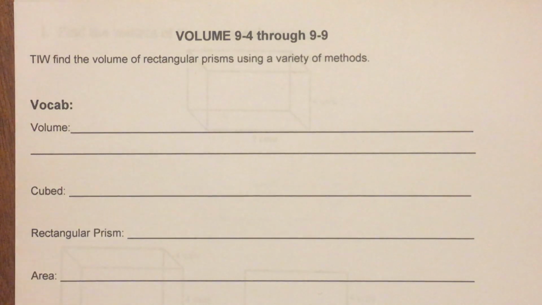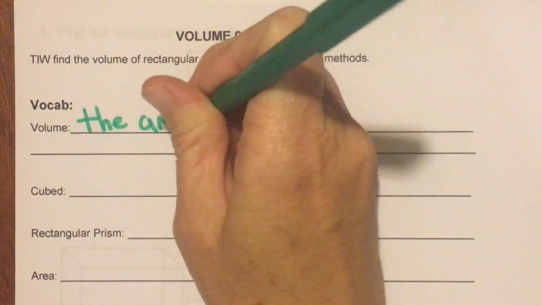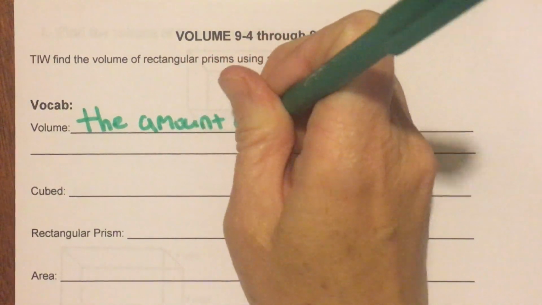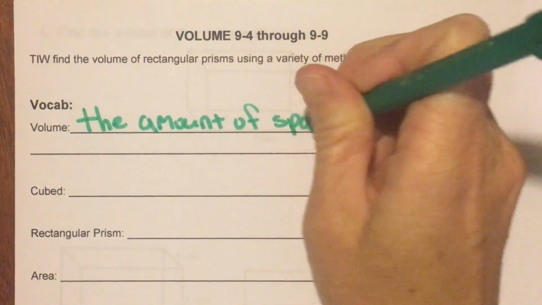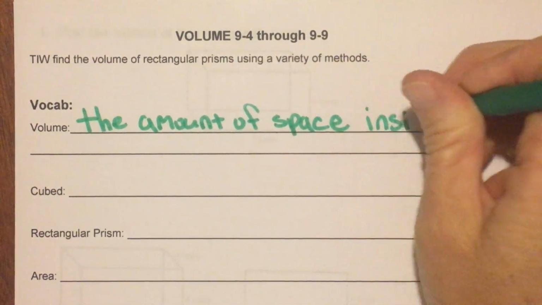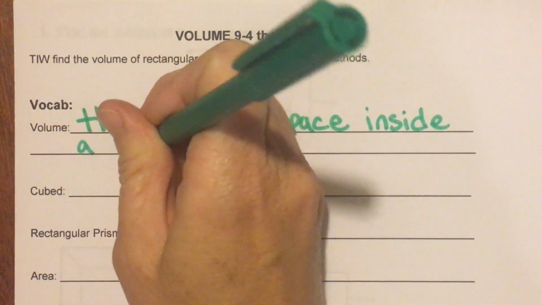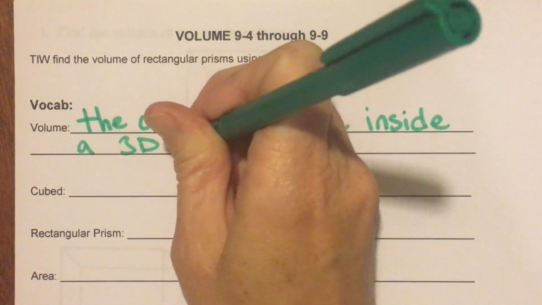So our first word is, what is volume? If this is the title of our lesson, what does volume even mean? Volume is the amount of space inside a three-dimensional object.